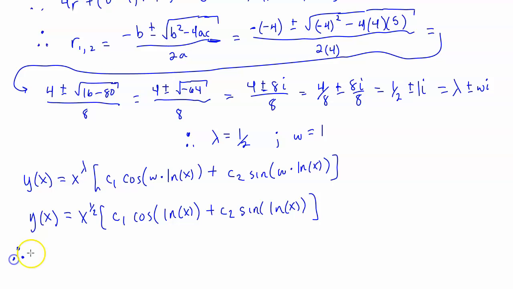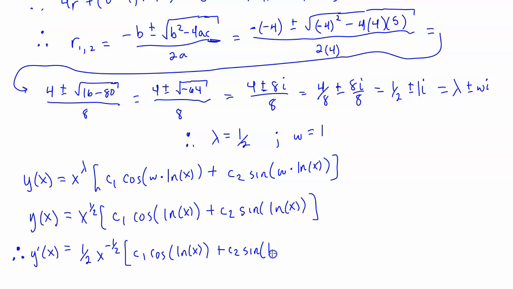So now that we have this, our first derivative, using the product rule, we will take the derivative of the first, which is just 1/2 x raised to the minus 1/2 times the second function, and then plus, we'll now have x raised to the 1/2 times, and now we'll take the derivative of both of these terms.